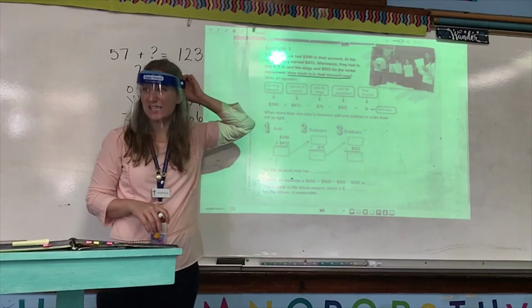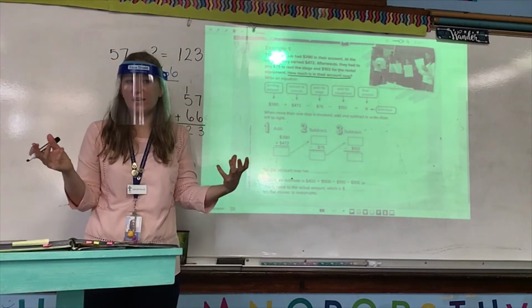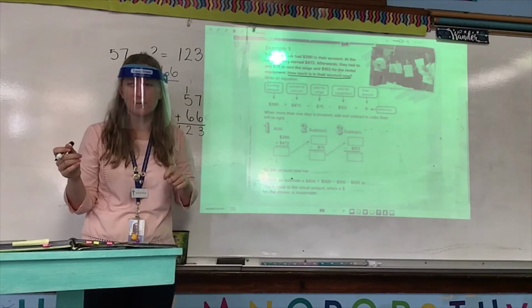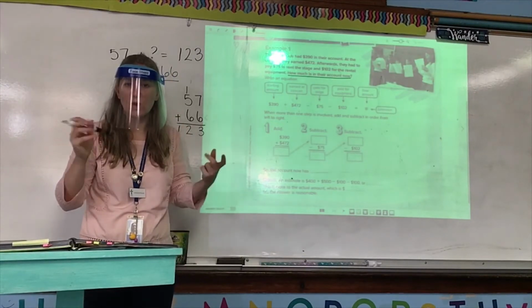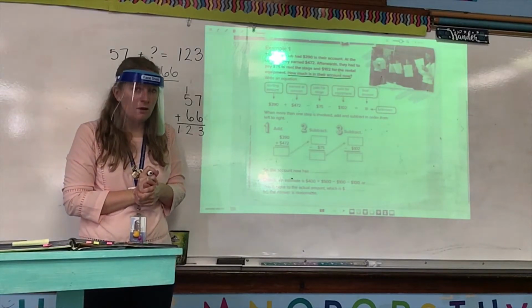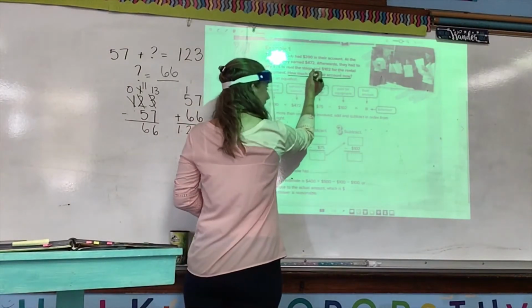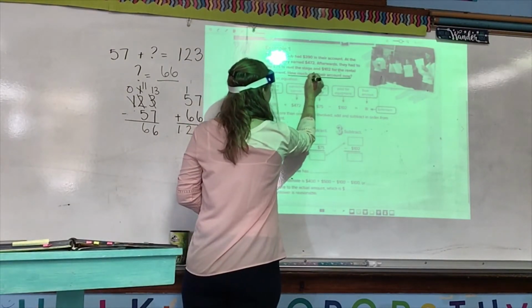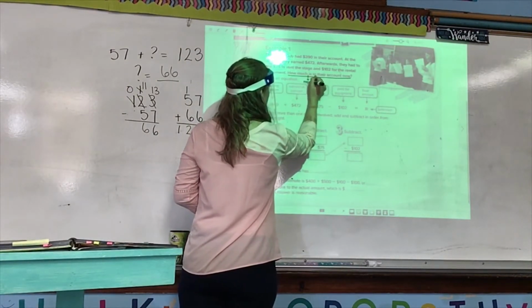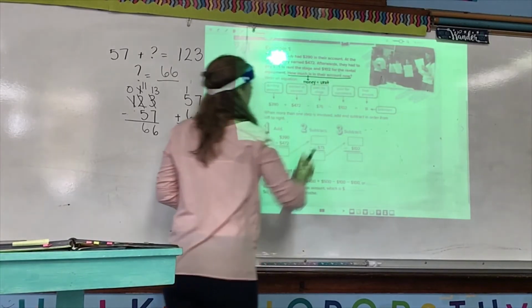Well, how much what? It doesn't actually say the unit in the question, but we know based on the problem, what is our unit going to be? How much what? Zari? Money. Money. So we can imagine that right here it says money, which is the unit.